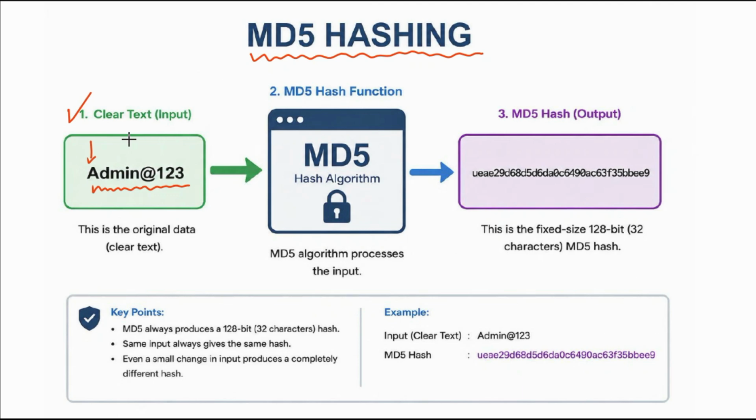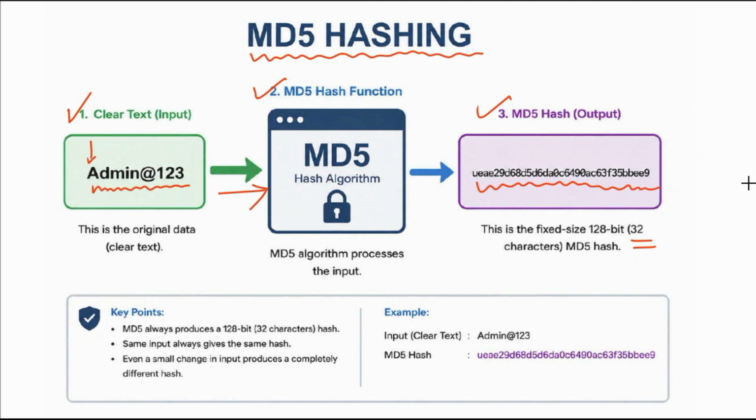The clear text input in step 1 is supplied to the MD5 hash algorithm in step 2, and you can see in step 3 the MD5 hash output. You can see 32 characters of hexadecimal value, which is the unique value generated for the input we provided.